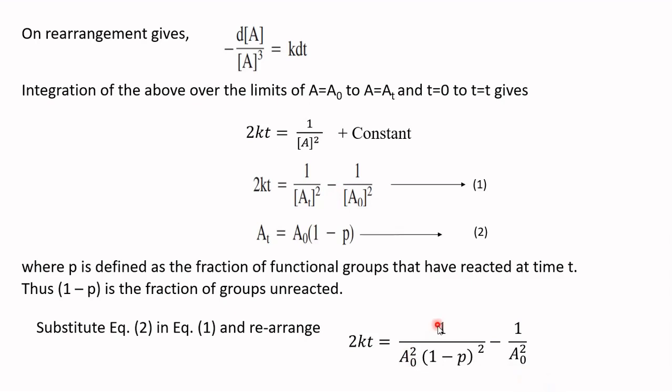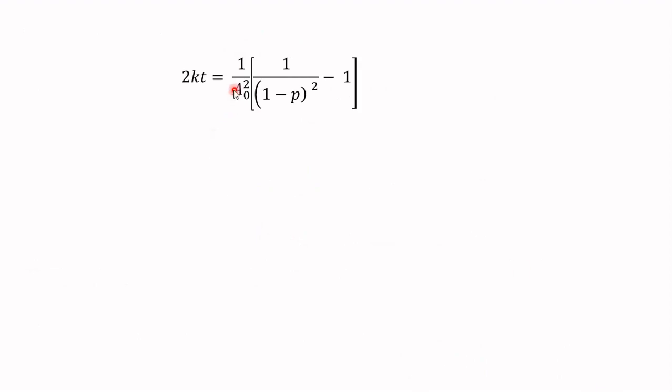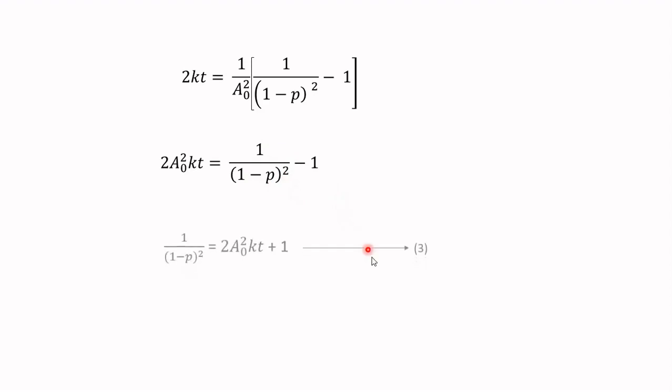Then here 1 divided by A naught square is common. You take it out, then it becomes 2kt equals 1 divided by A naught square into [1 divided by (1 minus p) whole square minus 1]. Then you cross multiply this. 2 into A naught square into kt equals 1 divided by (1 minus p) whole square minus 1.